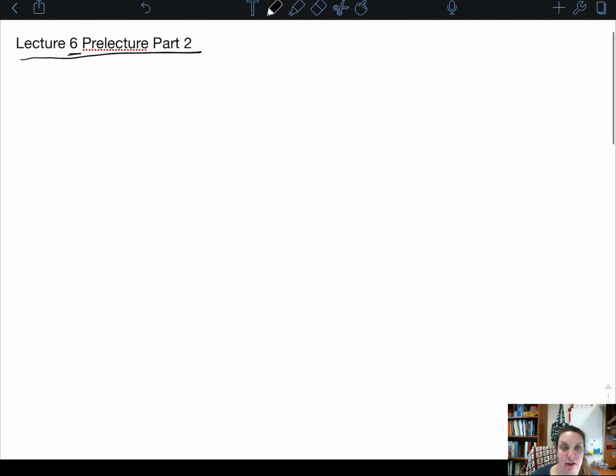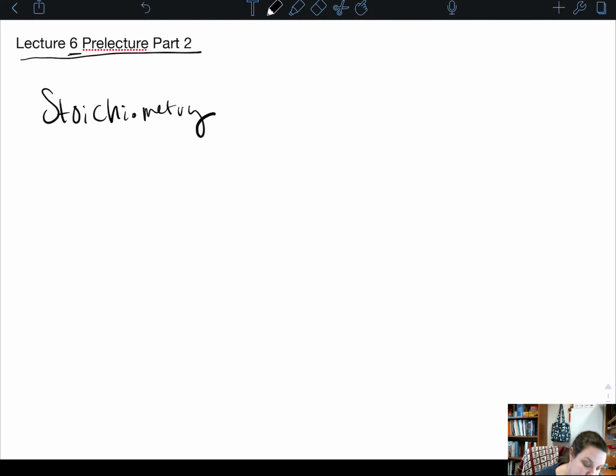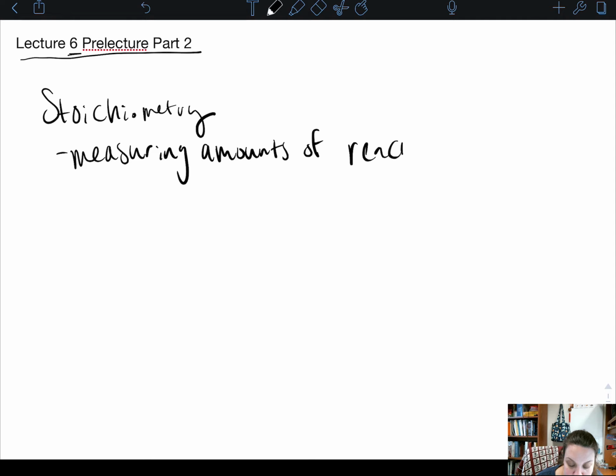Okay, so in Chapter 3, we start talking about the idea of stoichiometry. This is when we are going to be looking at measuring amounts of reactants and products, basically. So we're going to be using the conservation of mass and energy, specifically the conservation of mass part of this.